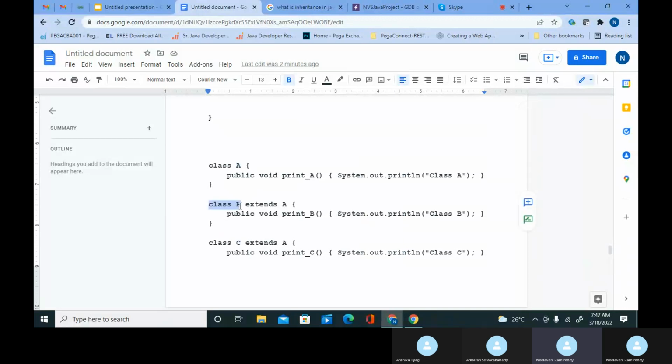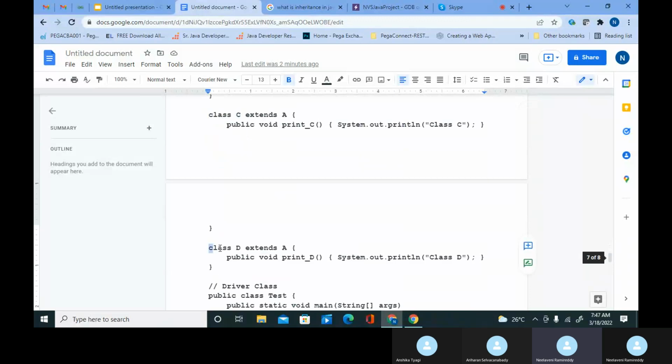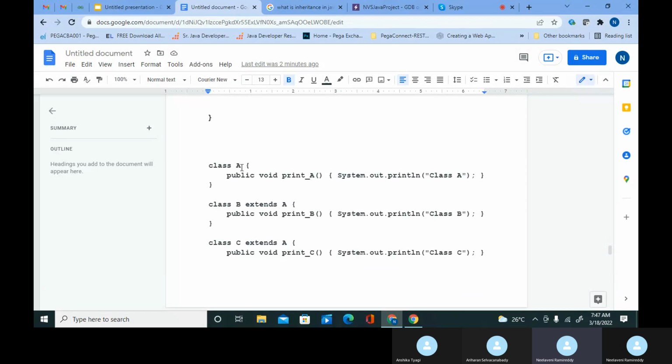Maybe in class B I extended, in class C I extended, and in class D I extended. So you can extend a parent class from any different class.